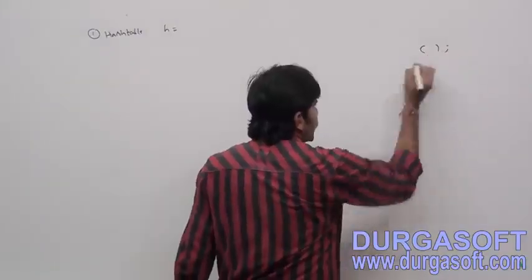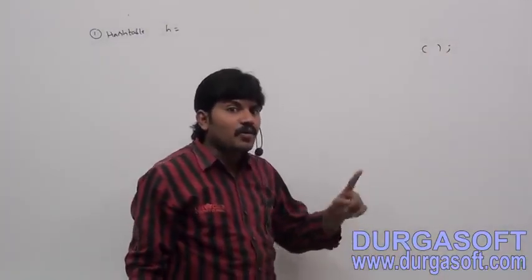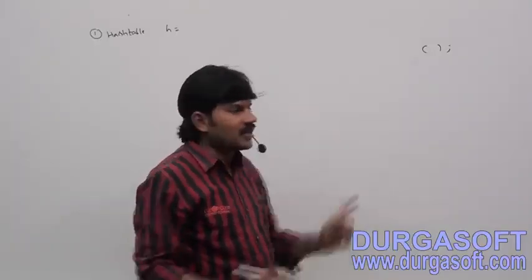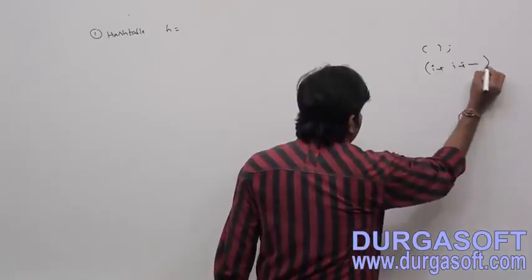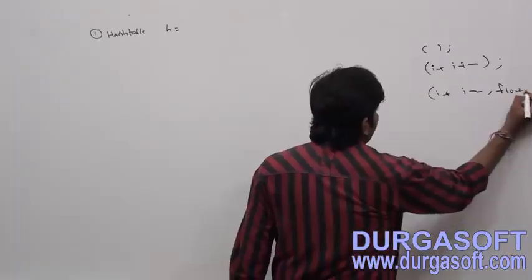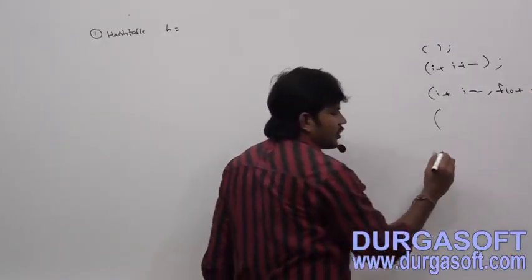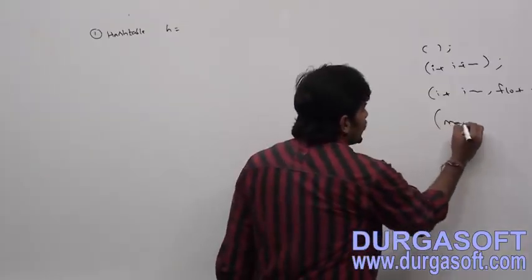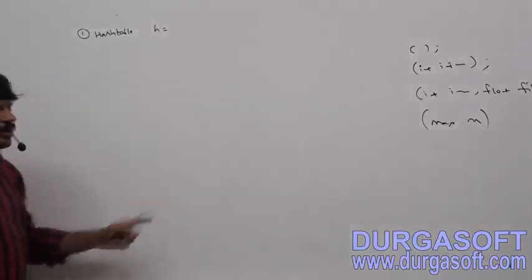The first is the default initial capacity and default load factor, because it is a hashing-related data structure. Second one is int initial capacity. Third one is int initial capacity comma float fill ratio. Fourth one is intra conversion between map objects, right? Same constructors even for a hash table also.